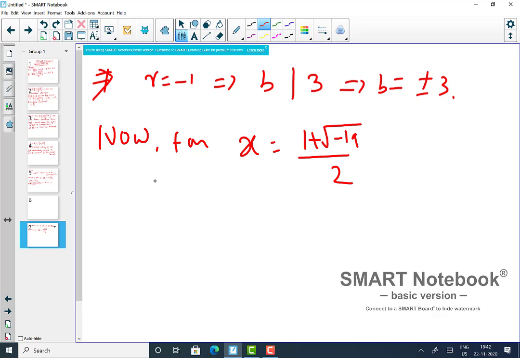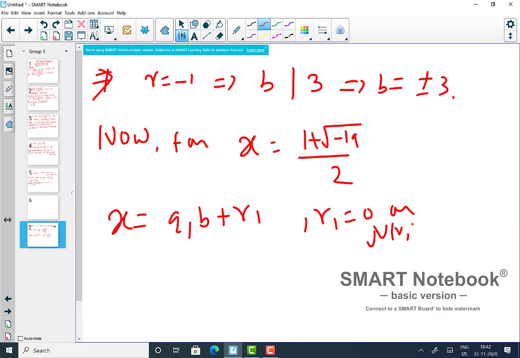If I play the same game, then x equals some q1 times B plus r1, and again the condition is r1 equal to 0 or the norm of r1 less than the norm of B. But I know that for B there are only 4 options, either plus or minus 2 or plus or minus 3.